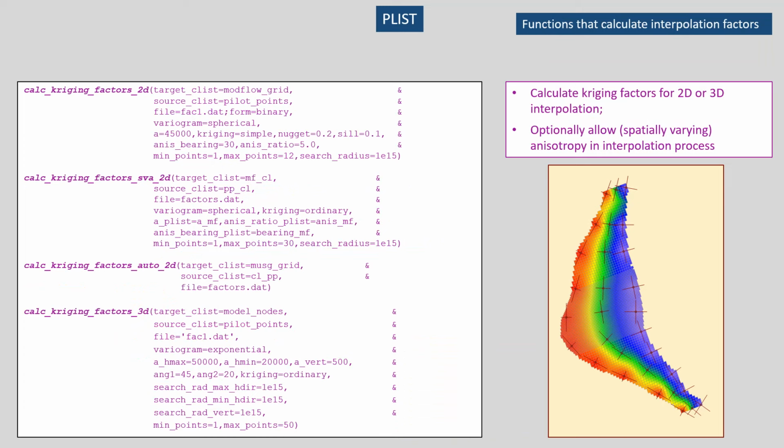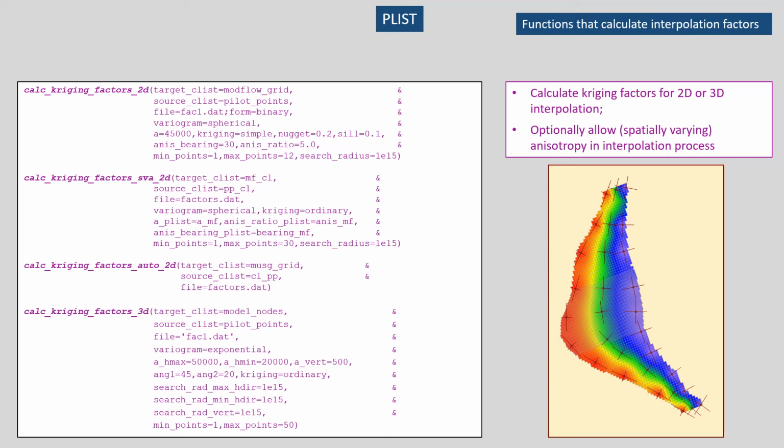I mentioned calculation of interpolation factors a moment ago. Interpolation factors can be calculated a number of ways, including kriging. And PLPROC provides access to a number of ways of doing kriging. It can be based on a number of different variograms. The variogram can vary in space, if you like.